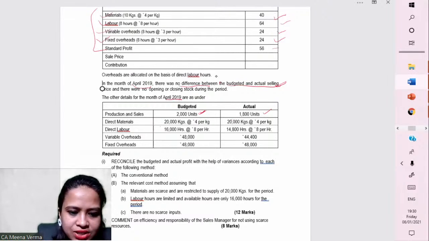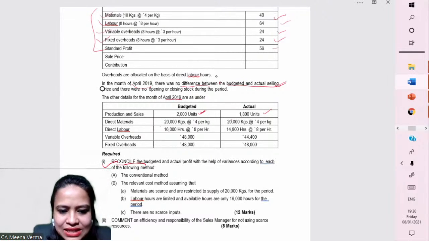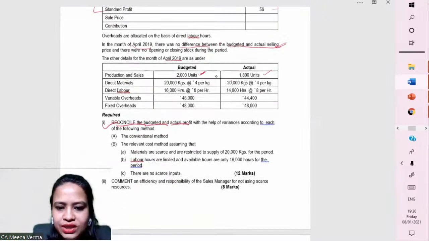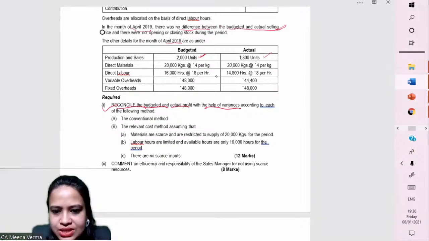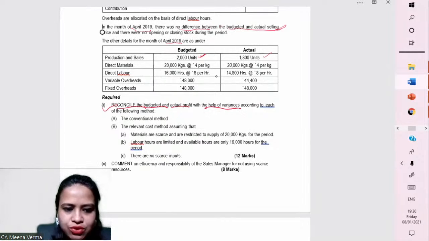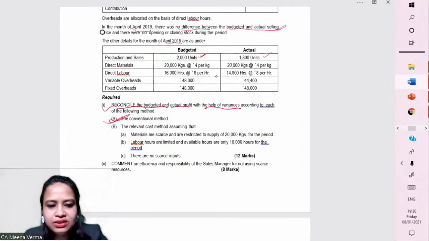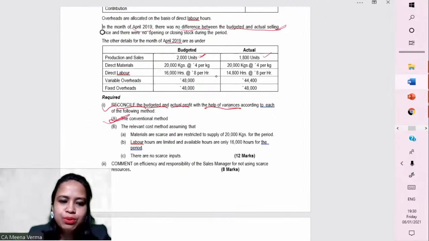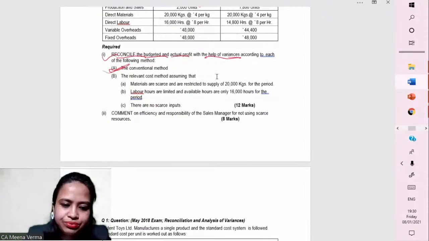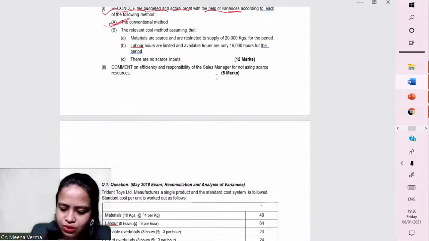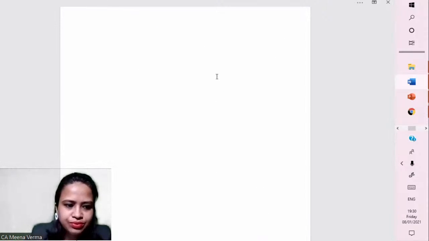Now they have asked you to prepare a reconciliation statement between the budgeted and actual profit with the help of variances according to each of the following methods. So first you have to consider the conventional method and prepare a reconciliation statement. Let me tell you how to do this question.